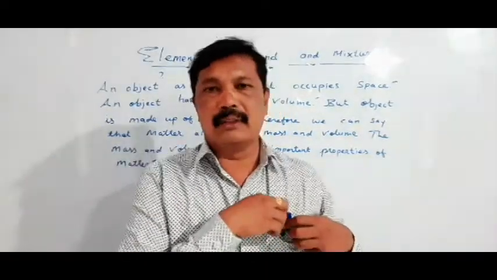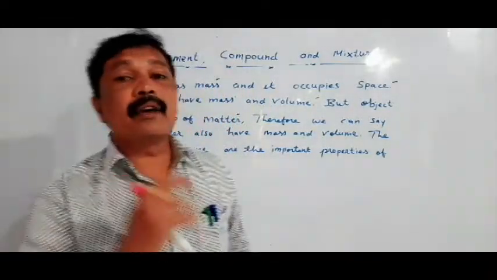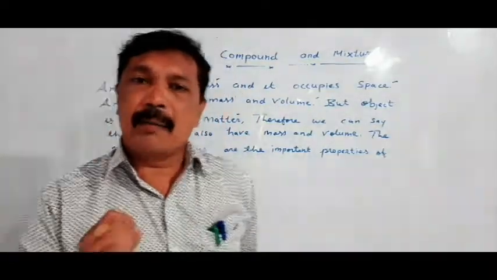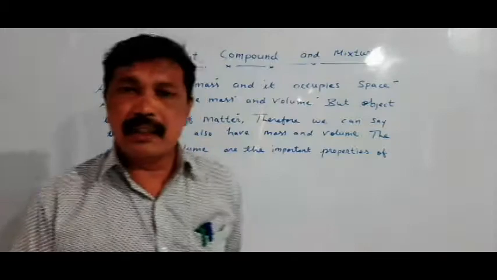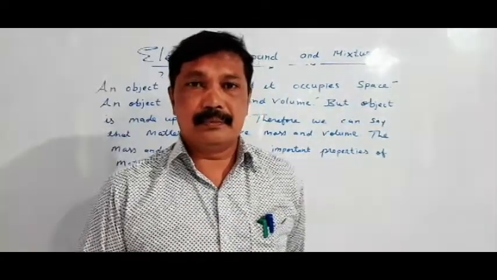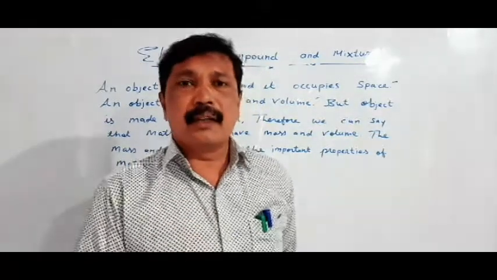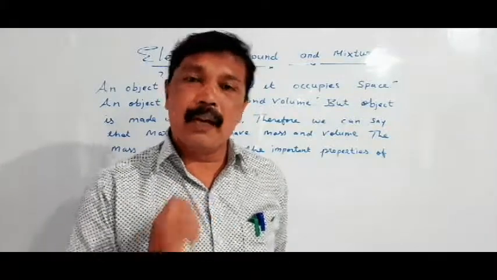My dear student, in our surrounding, there are different types of objects. These objects are made up of matter. Matter is found in three states: solid, liquid, and gaseous state. The properties of an object depend upon the matter with which they are made up of.